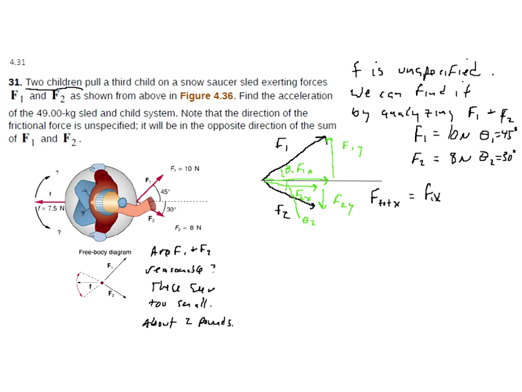That's just going to equal F1x plus F2x, and F1x is 10 newtons times the cosine of 45, and F2x is 8 newtons times the cosine of 30, and that comes out to be 14 newtons.